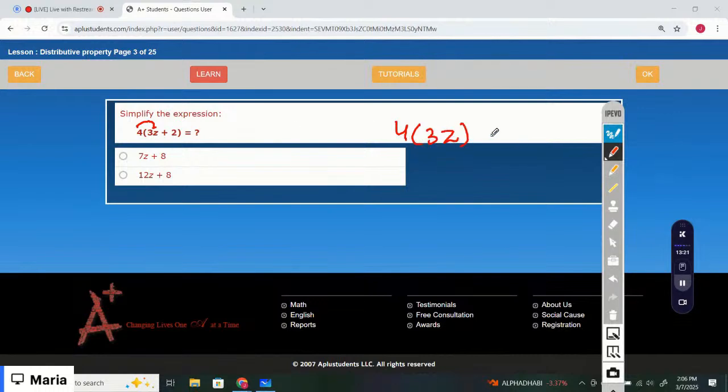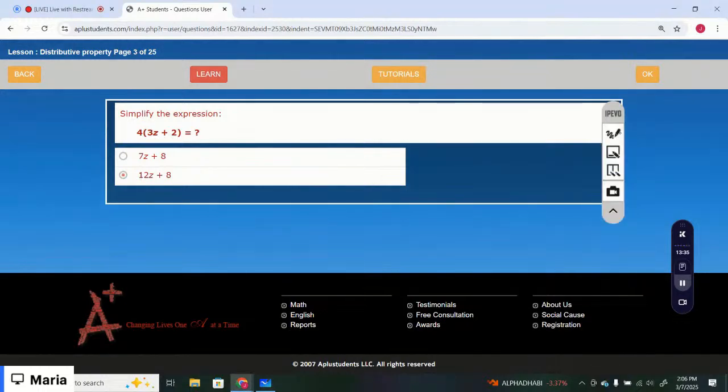Four times 3z plus 4 times 2. 4 times 3 is 12, that is 12z. And 4 times 2 is 8, so that is 12z plus 8. Option number 2 is the correct option.